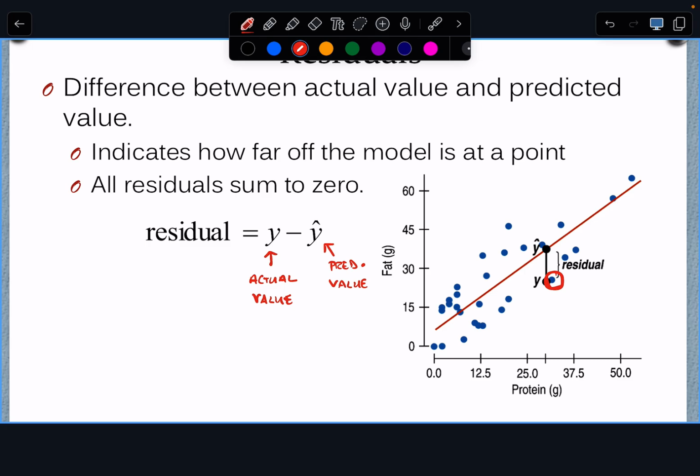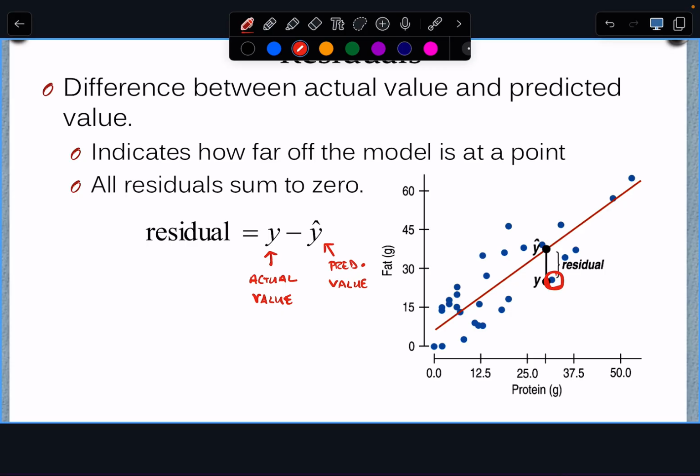So I know the actual value for x and the actual value for y. If we're interested in how close the line is at that point, we could plug that value of x into our regression line, and it's going to predict the amount of fat that should be in that item. And so what we're seeing here is the actual value of y for that item was here, where we plotted it. My regression line, though, predicted it to be a little bit higher. So my line overestimated the amount of fat that would be in an item at that level. So when I calculate the residual, I'd be calculating the difference. How far off was the model at that point?